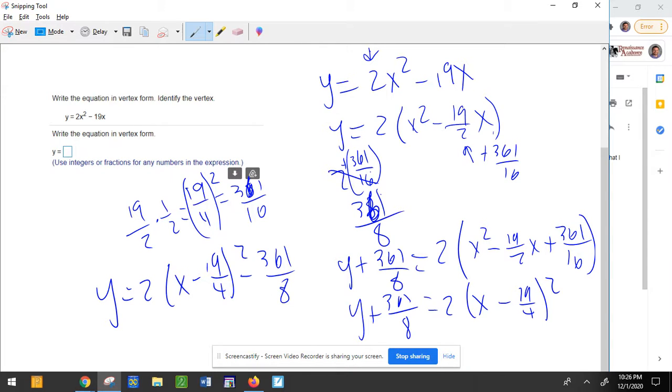So that's the equation in vertex form, and then it appears it's going to ask you to identify the vertex. So that would just be the 19 fourths and then negative 361 over 8.